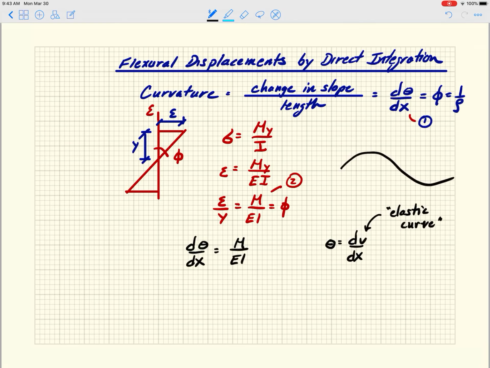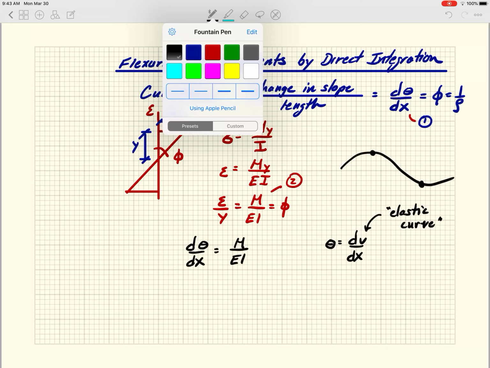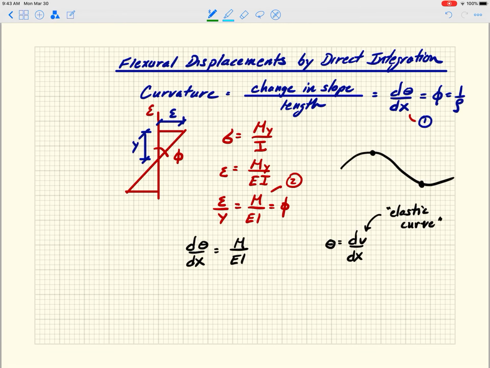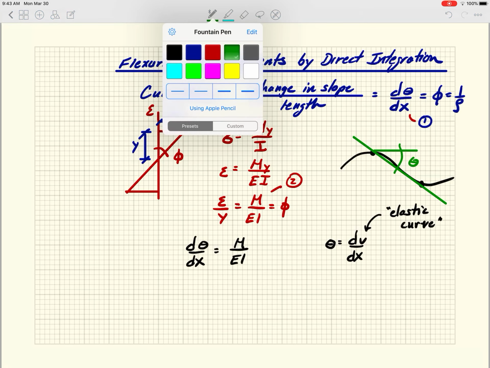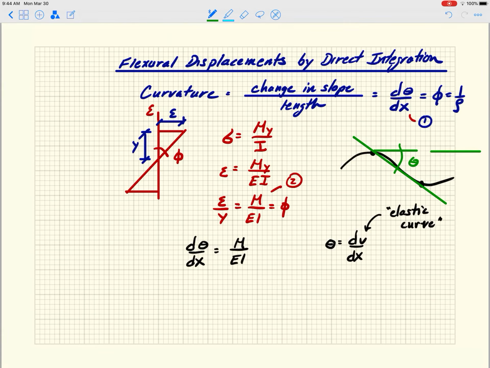So all we're saying here is if my deformed shape looks something like this, I can take 2 points of that deformed shape, and I can take the slope of that line, and the slope of that line, which we're going to call theta here, is actually this distance here, which I'm going to call dV, right?